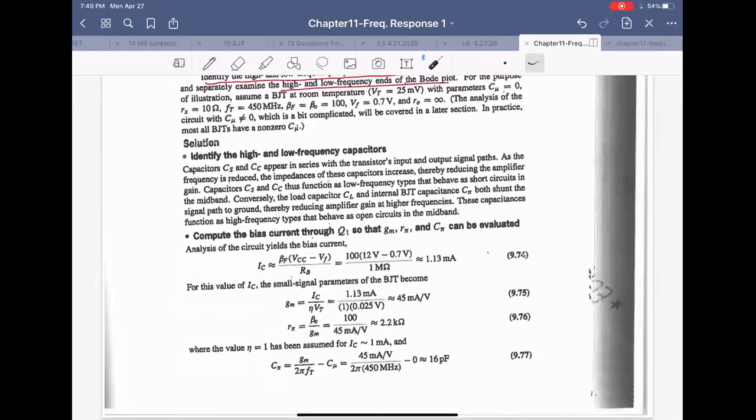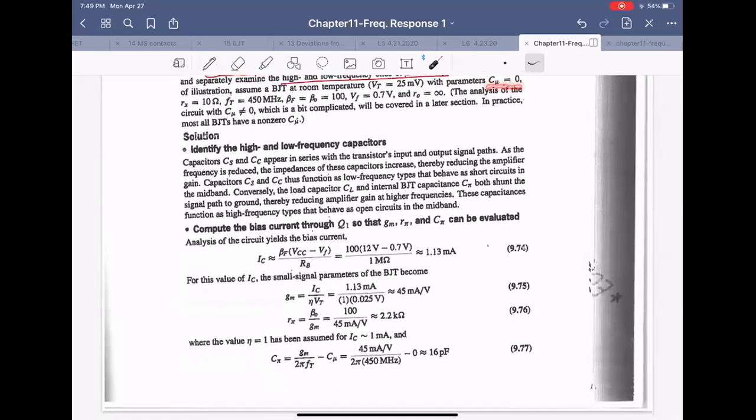Here, put C mu equals 0, so this is 0. So Gm over 2 pi Ft. Ft is 450 megahertz. So C pi is about 16 picofarad. We need this C pi for the high frequency case.